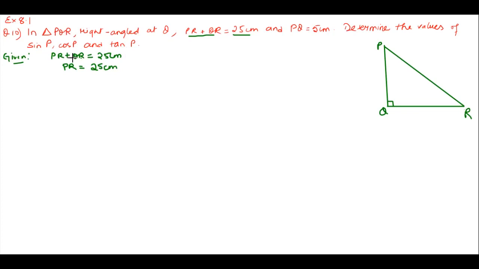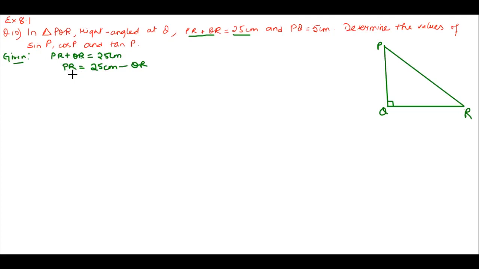This QR has a plus sign, so if we transfer it to the right hand side, it will become minus QR, right? What I'm trying to do is find out the value of one side, not the combination of two sides. The information was PR plus QR, the combination of two sides, but I brought it to just one side.